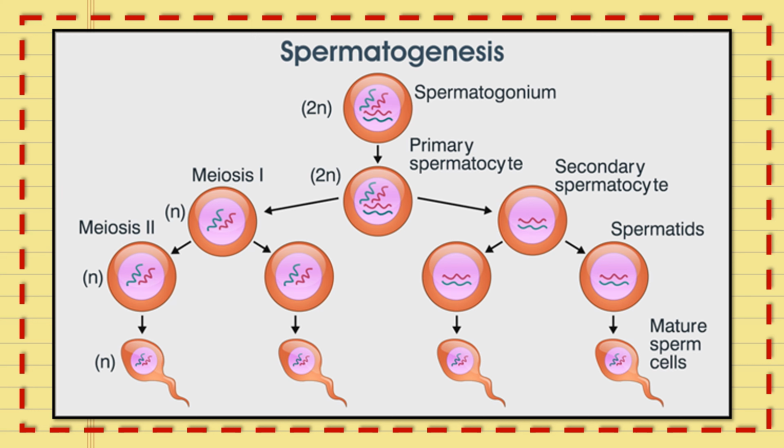The secondary spermatocytes enter meiosis II to produce 4 haploid spermatids. Spermatids undergo spermiogenesis, wherein spermatids mature into motile spermatozoa, which are the sperm cells. Thus, each cycle of spermatogenesis produces 4 sperm cells from 1 spermatogonium, which is evident in meiosis.